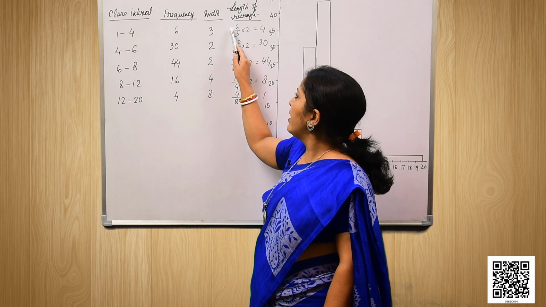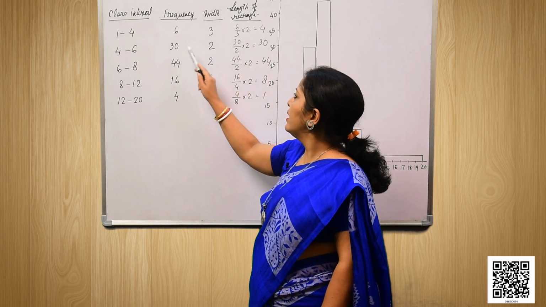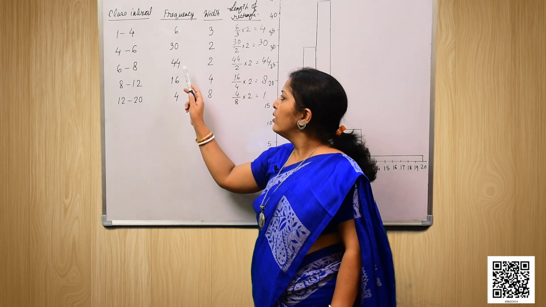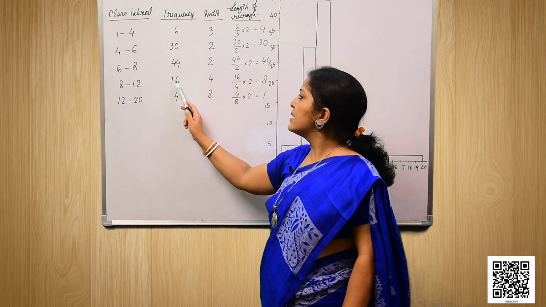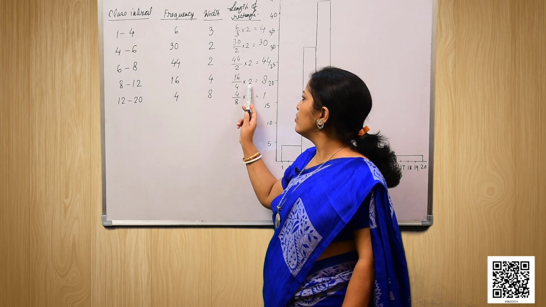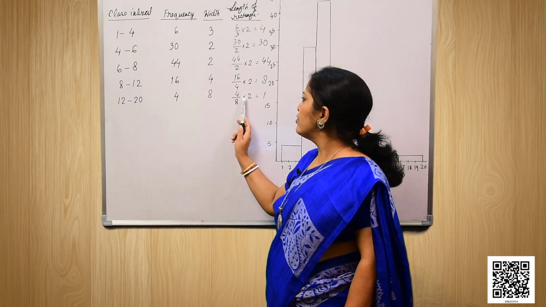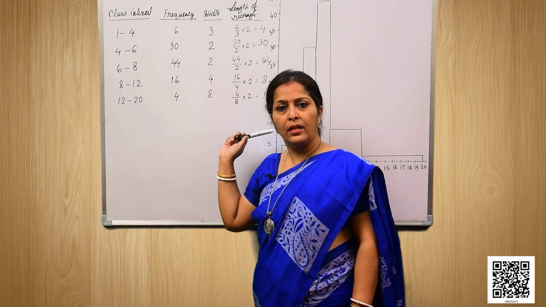So we write 6 by 3 into 2, which is 4, then 30 by 2 into 2, which is 30, 44 by 2 into 2 is 44, 16 by 4 into 2, which is 8, and 4 by 8 into 2, which is 1. Now let us see the graph.